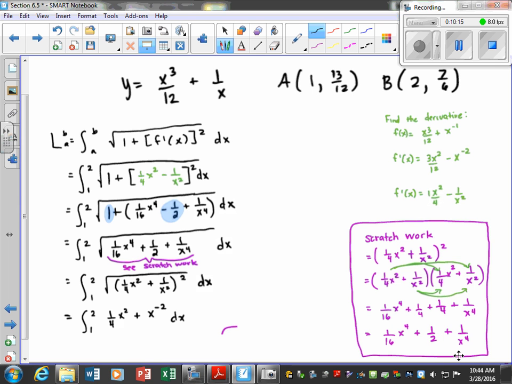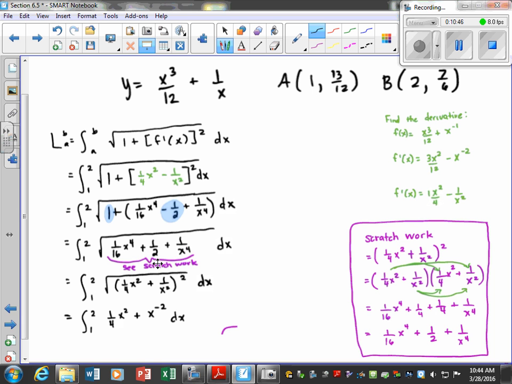Now this happens a lot, and it's a very common theme with arc length. So when we put that value right back in here, then we can add like terms. So this 1 minus a half just becomes what? A half, and that's right here. So 1 minus a half is just going to be a half. I bring down this x to the 4th, bring down the 1/2 that the blue highlight simplified to, bring down this.